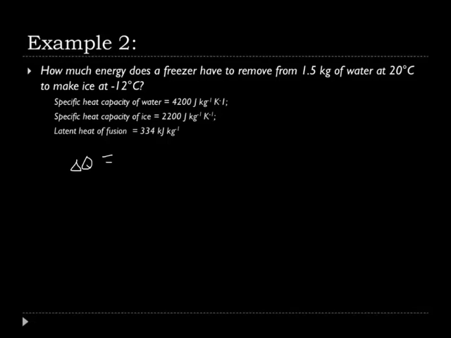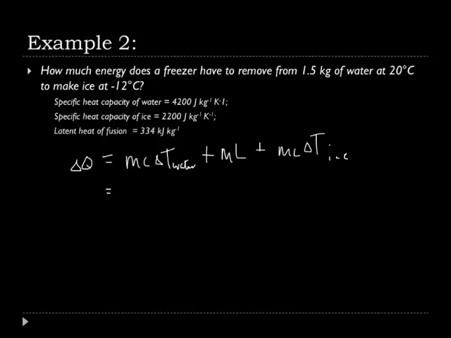We have cooling down of water from 20 to 0, so MC delta T of water, and then we have the fusion of the water, or the freezing of the water, so that's plus ML, and then the cooling down of the ice to negative 12 degrees, that's MC delta T ice.